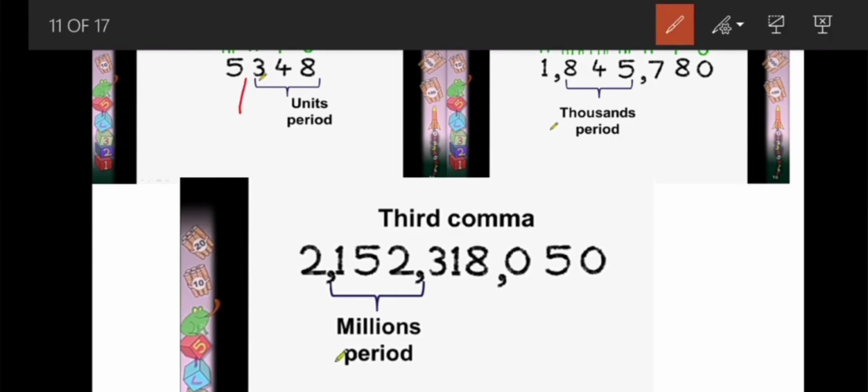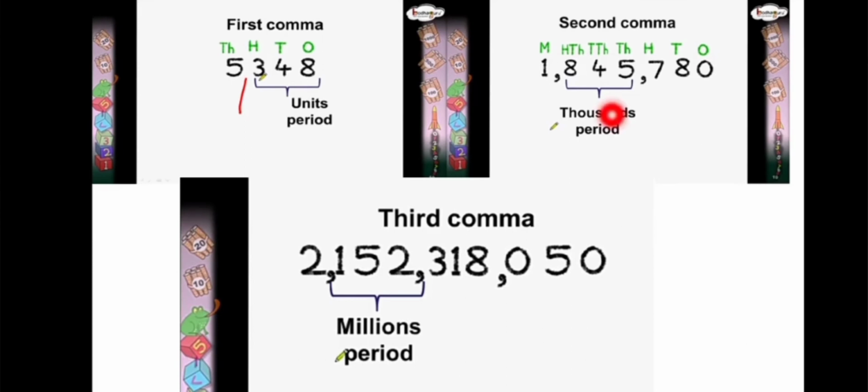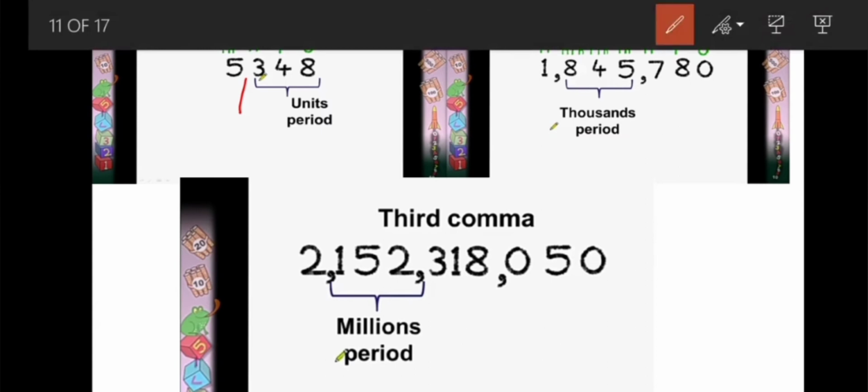Now the second comma is put after the next 3 digits, that is the thousand period: thousand, 10,000, 100,000, and after that we put a comma here. Similarly, the third comma we put after the million period. What is the million period? Million, 10 million and 100 million, and after that we put the third comma.